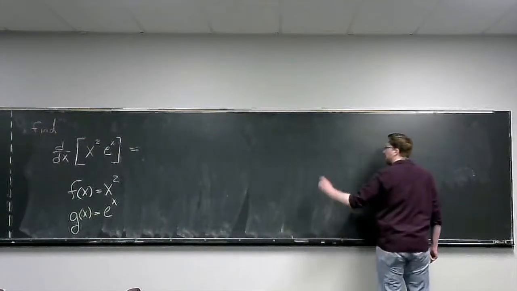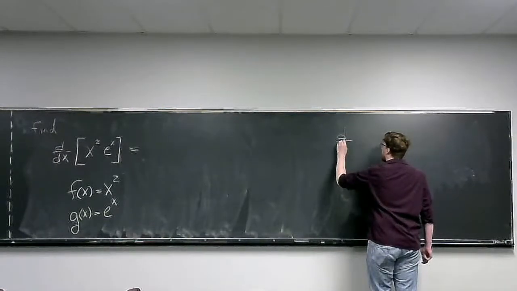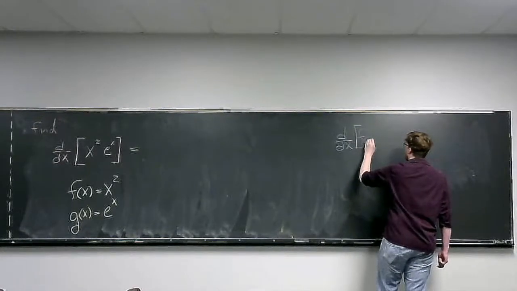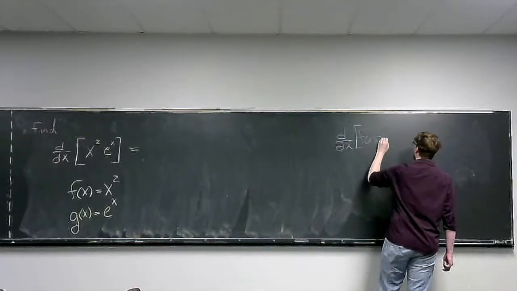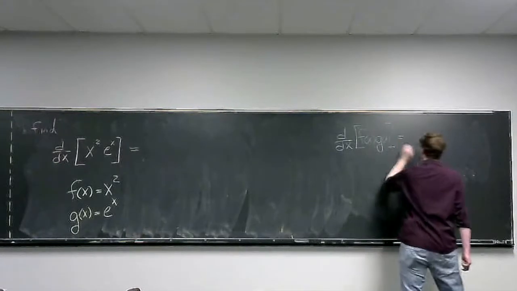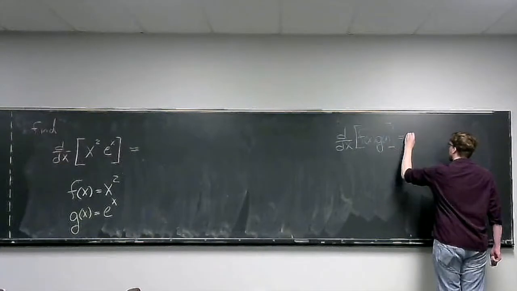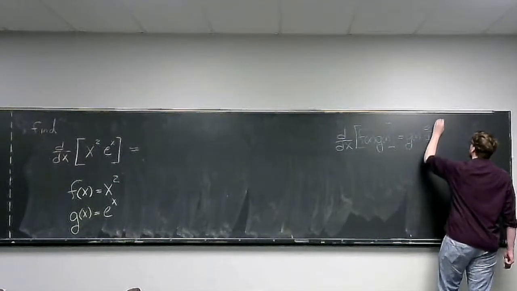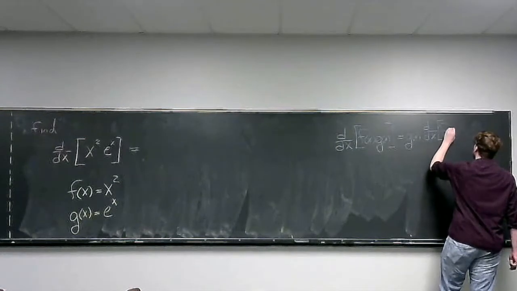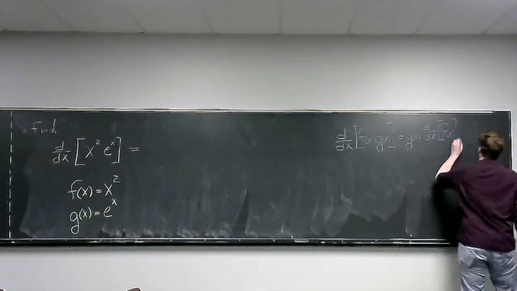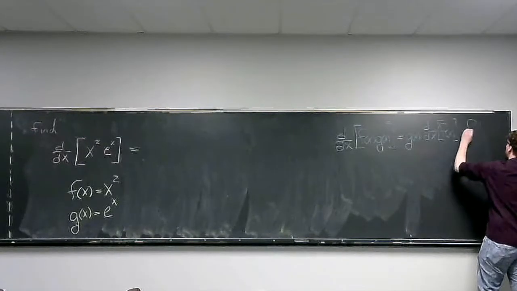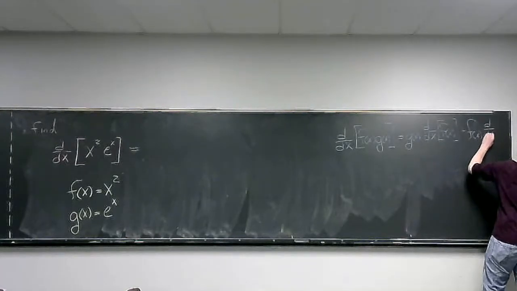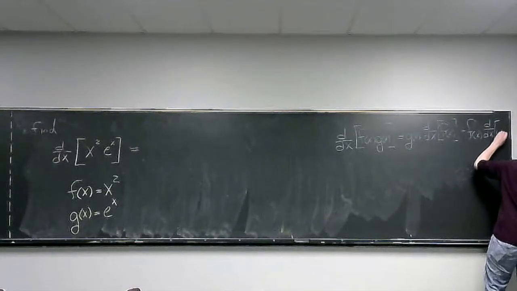Moreover, we need to remember that we know d dx of f of x times g of x is equal to g of x times d dx of f of x plus f of x times d dx of g of x.